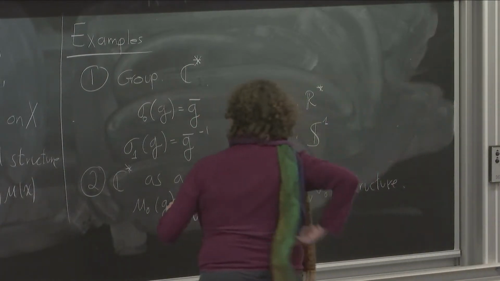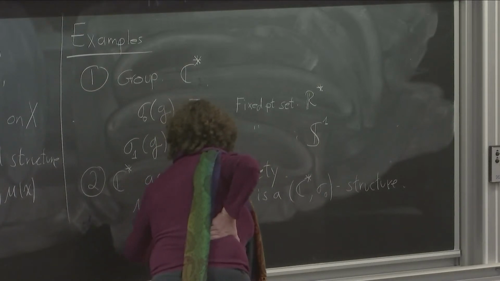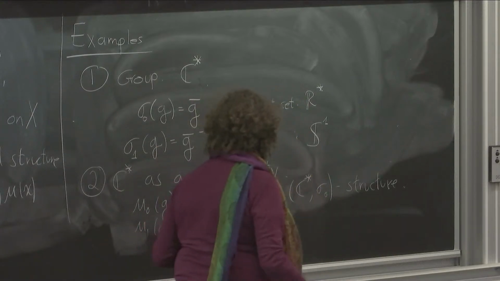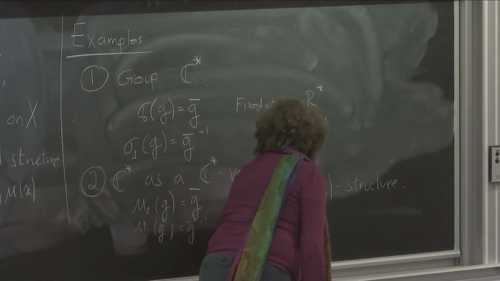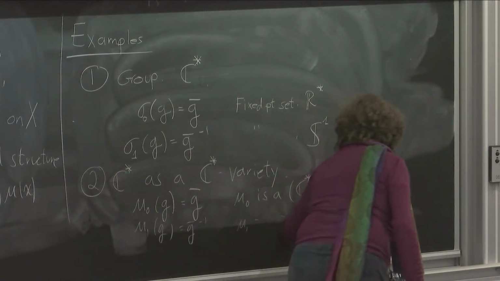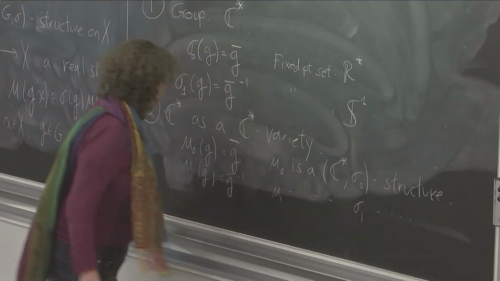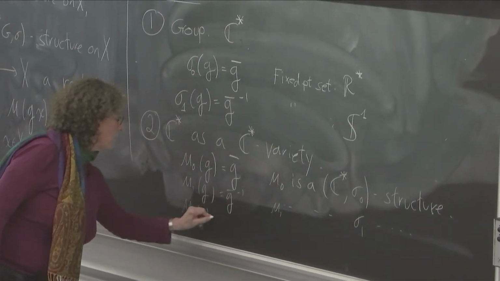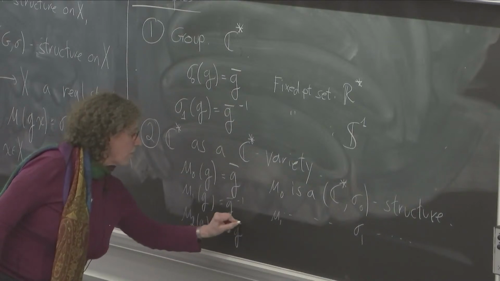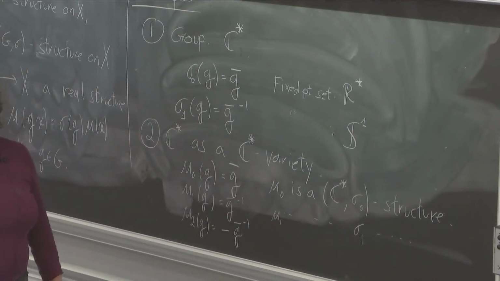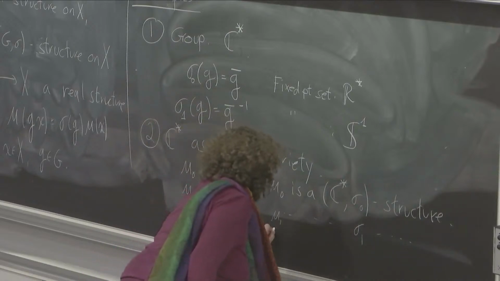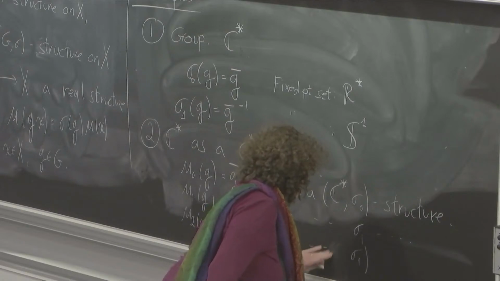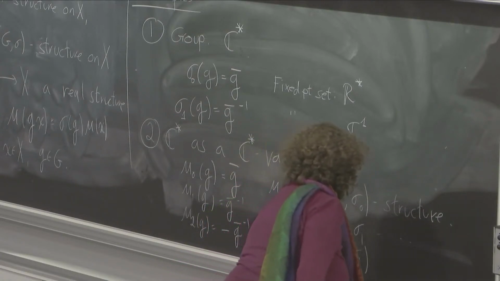I could also do mu1 of G, which is the same thing, and mu1 is a sigma 1 structure. But I can do something else. I can do mu2 of G is minus G bar inverse. And mu2 is also a C star sigma 1 structure.